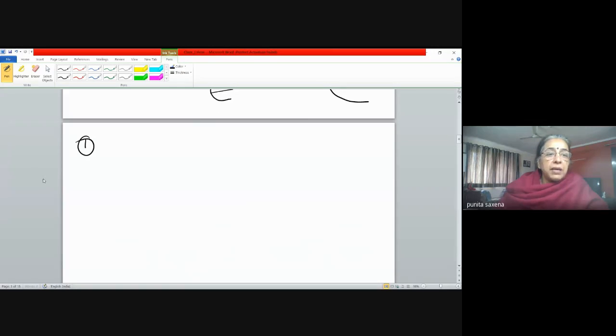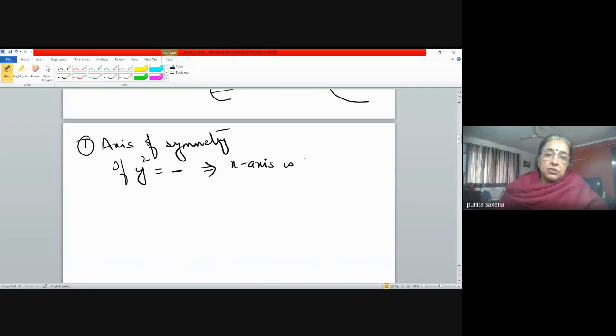So सबसे पहले, what we look for is the axis of symmetry. Okay. Now, in case your equation is y square equal to something, then x-axis is the axis of symmetry. Okay.